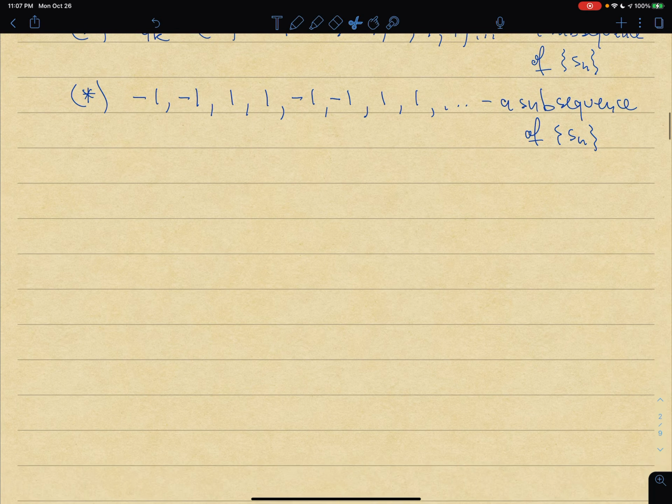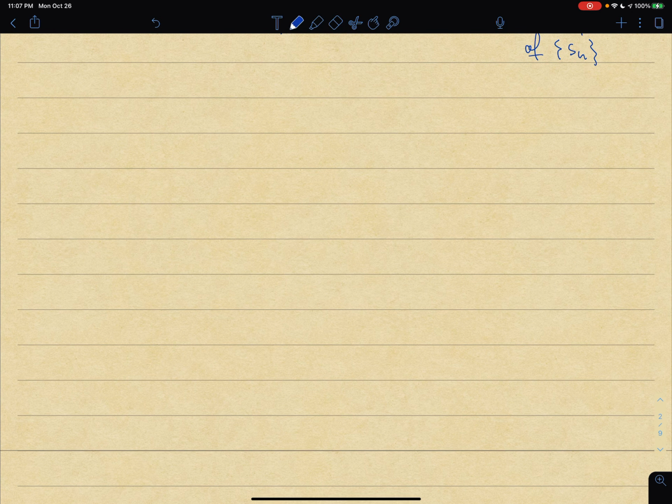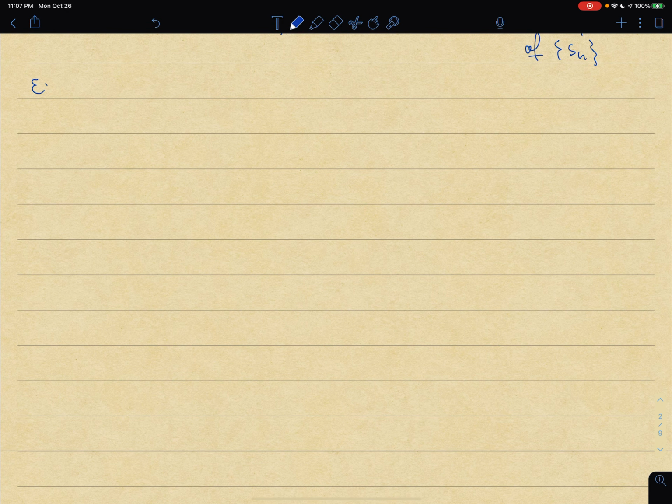So one more example. Let's say I have a sequence Sn equal to 1 over 2 to the power n. And I have a question like this.